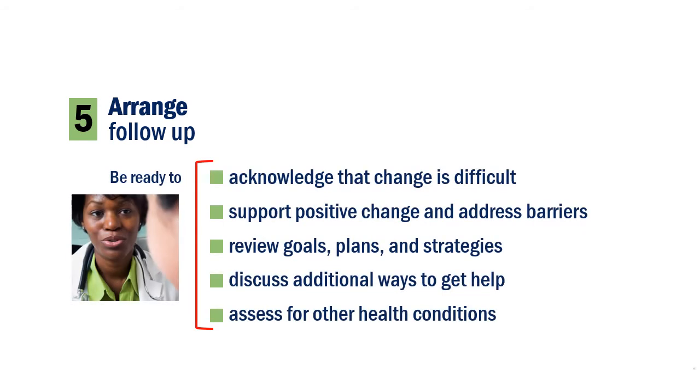If the patient has been unable to meet their goals at follow-up, the provider can acknowledge that change is difficult, support positive change and address barriers, review goals, plans, and strategies, and discuss additional ways to get help. Assessment for other potentially related and treatable health conditions, such as depression or anxiety, is also important.